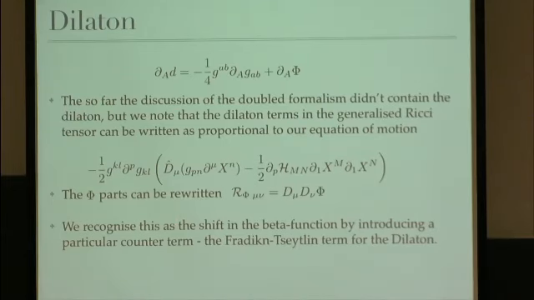So in the background field expansion we can just add a term like this into the action, and then the leftover phi parts can be written in this form, and this is familiar from the Fradkin-Tseytlin term. So this is a shift in the beta function by introducing a particular counterterm, and that's the Fradkin-Tseytlin term for the dilaton. So if we just add a Fradkin-Tseytlin term for this dilaton here, then we can also find all the dilaton parts of the generalized Ricci tensor as well.